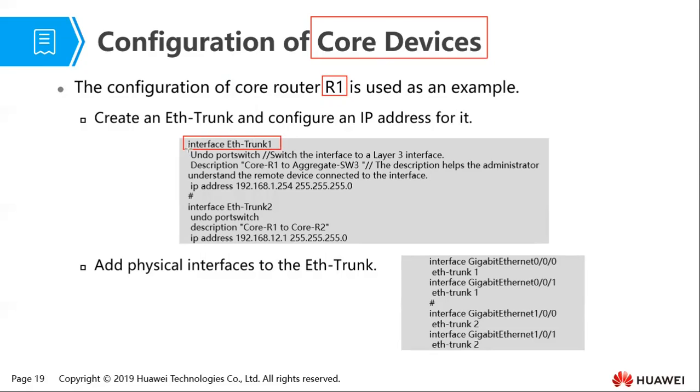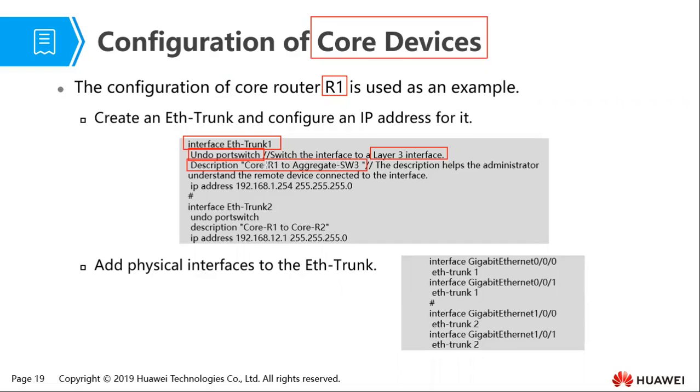Then, because these are core devices, you have to transit this from a layer 2 to a layer 3 interface using the undo portswitch command. Then you can do a description. Descriptions are very important. The command is description, then in double quotes you put the particular description.